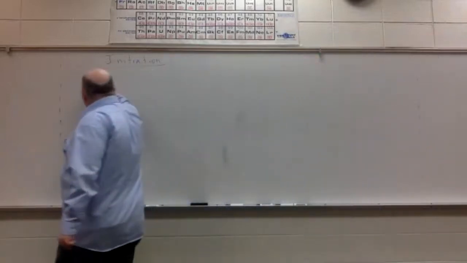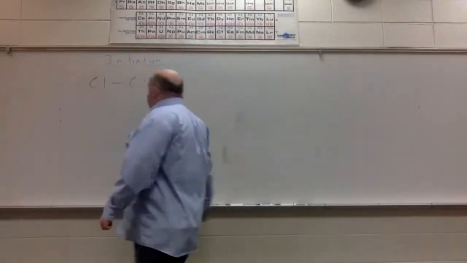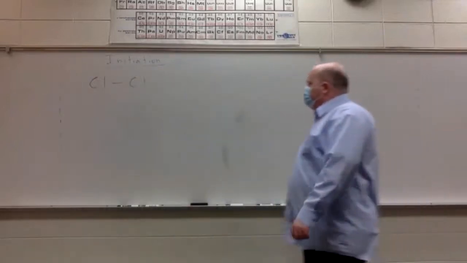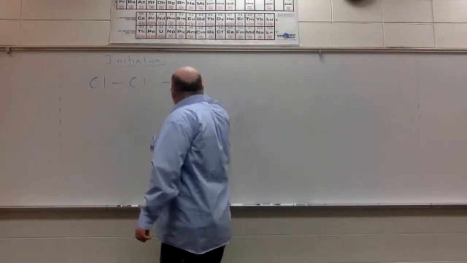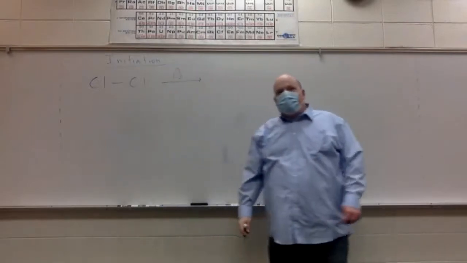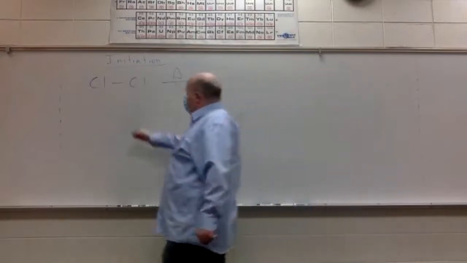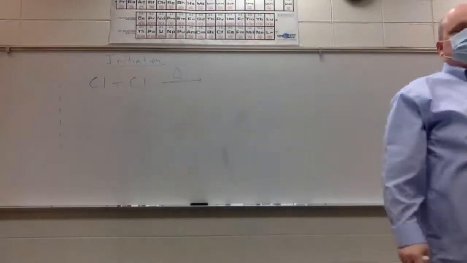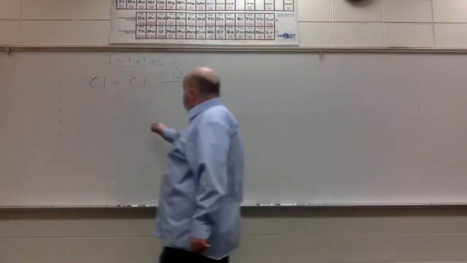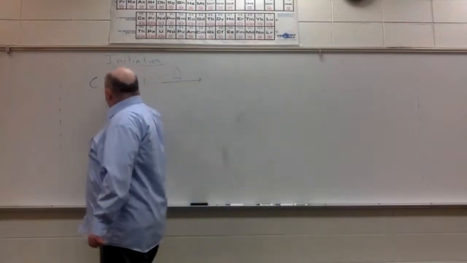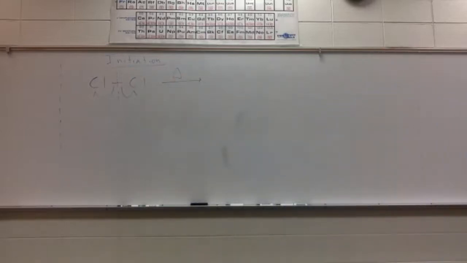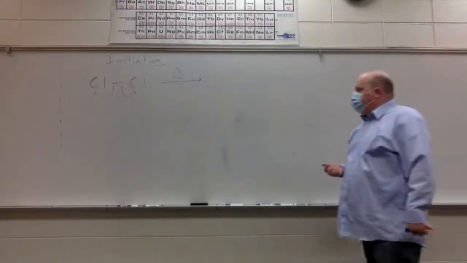In this case, this step of the mechanism looks like this. You have your Cl2, and let's just say we're adding heat. That heat is going to promote the splitting of that bond right down the middle, and each one of the Cl's gets an electron. Pay close attention to how I'm drawing the mechanism here, because you guys eventually are going to have to draw this.